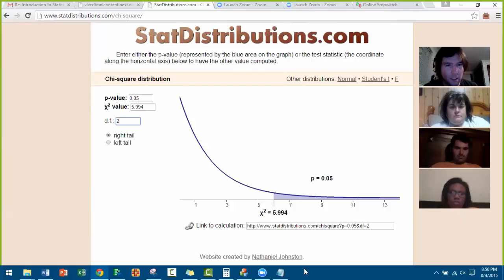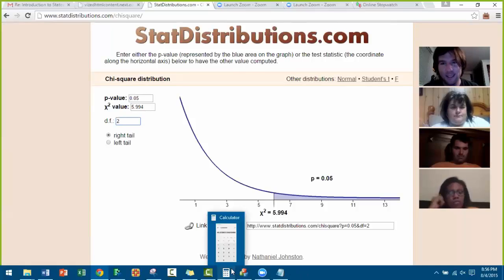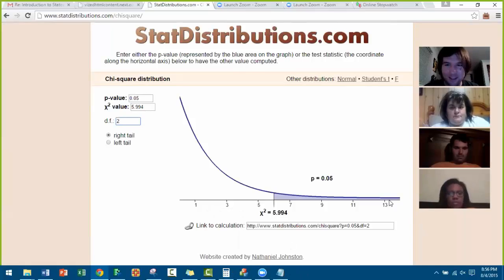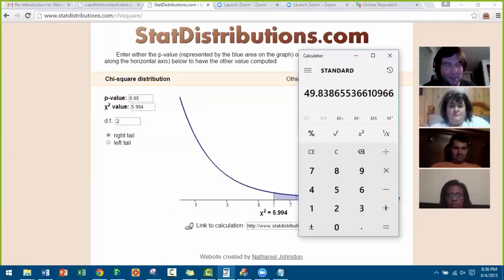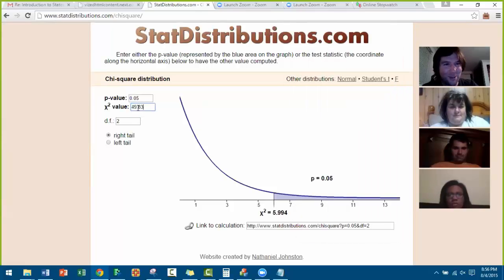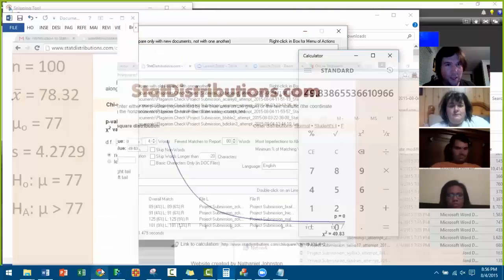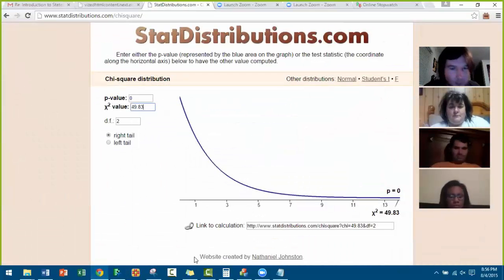Can you guys see where this curve even ends? This is what we would call the critical value, which we don't use much. Any chi-squared above this is reject the null. So we landed way over here at like 49. Our chi-squared is this, and its p-value is 0.